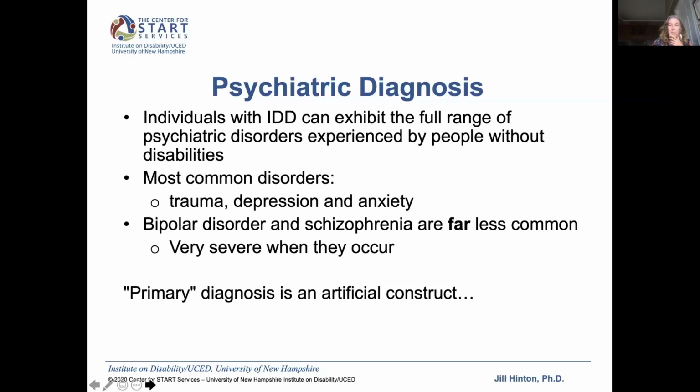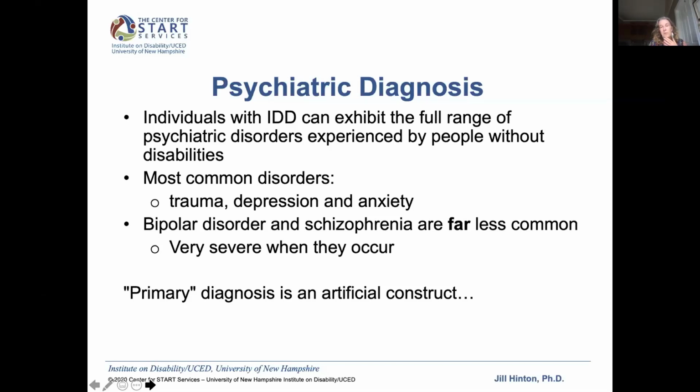The most commonly occurring ones are trauma, depression, anxiety. Depression and anxiety are the most common ones in the typical, neurotypical population, and they should be the most common ones in the population of people with intellectual and developmental disabilities.